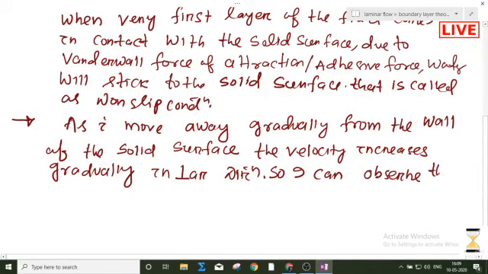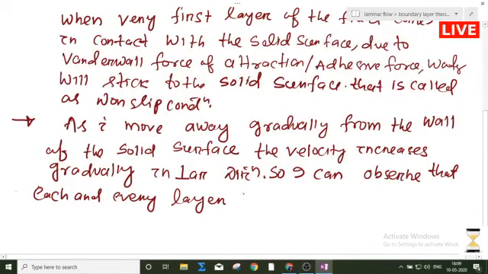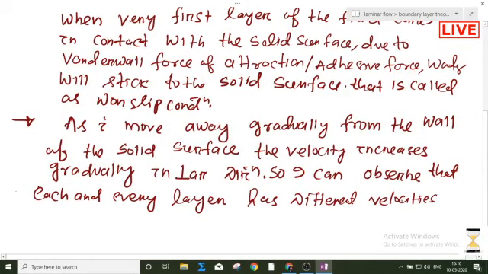So I can observe that each and every layer has different velocities. You write it down, then I will explain so that you will get clarity. So there is a zone where the relative velocity will exist.